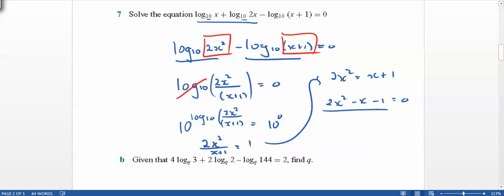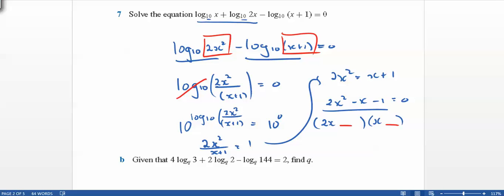I'm just going to pretend that we can't factorise this and go straight to the quadratic equation. All right, so there are two methods. If you were looking to factorise, you would have 2x here and an x here, and then by observation fill in the blanks.